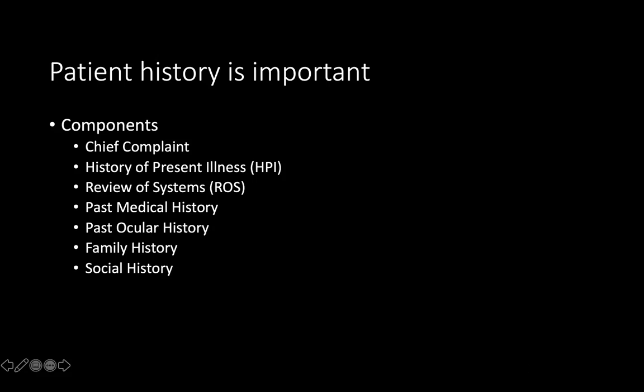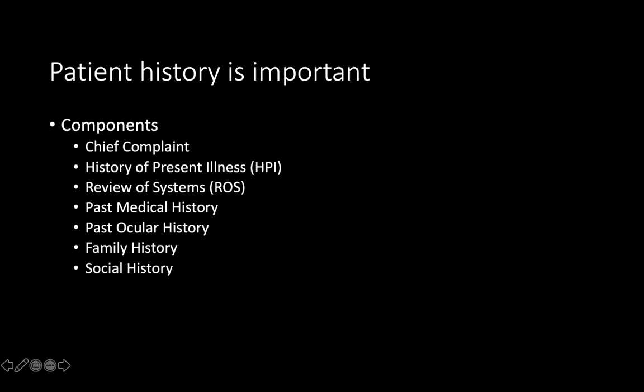History of present illness explores a little bit more about the chief complaint. Why are they here, and what events or circumstances led to their problem? A review of systems makes sure we don't miss anything. Other things related to the eye and systemic health are reviewed in review of systems.